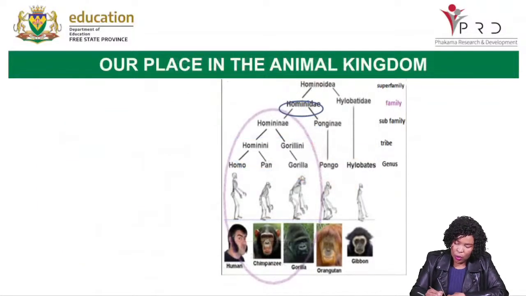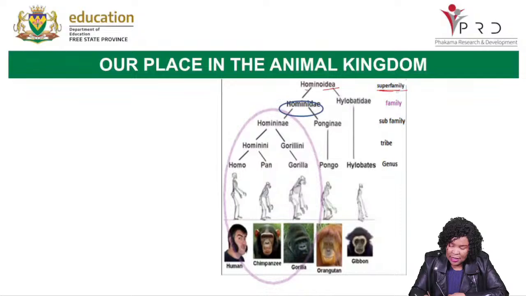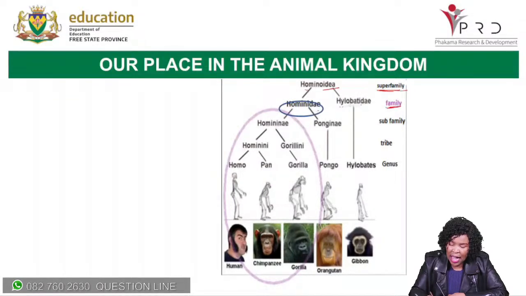Right. So remember, one of the outcomes that we wanted to achieve was you must be able to place yourself in the family of the Hominidae. So you must be able to see where you are. Where is our place in the animal kingdom? Then here you see there's a superfamily which is called Hominoidea, and it is divided into different families, the Hylobatidae and the Hominidae.